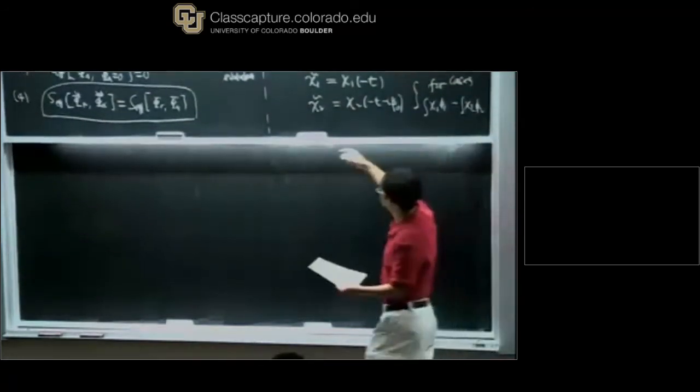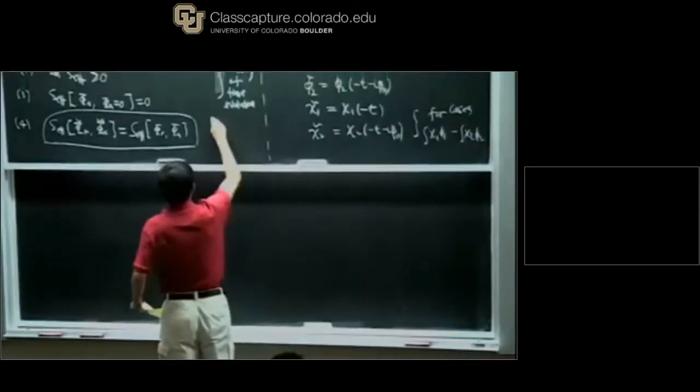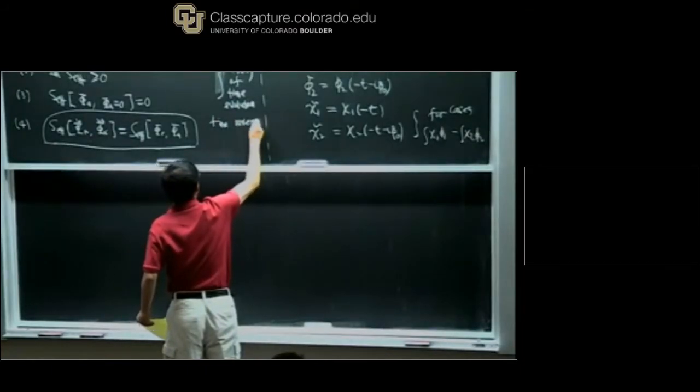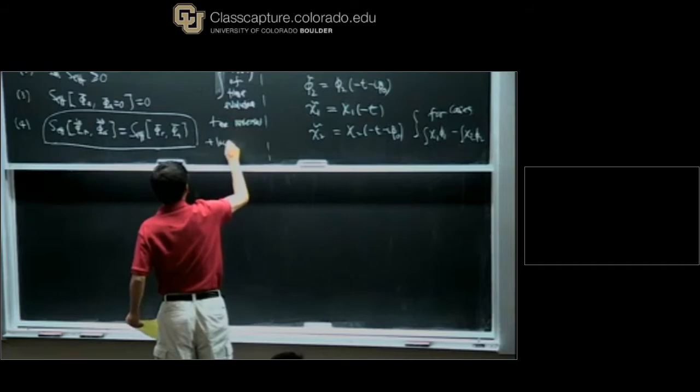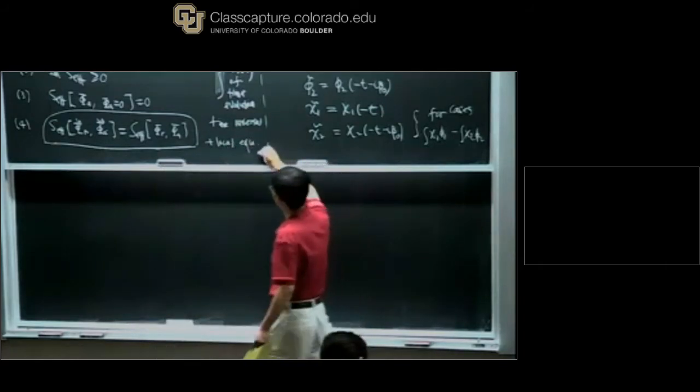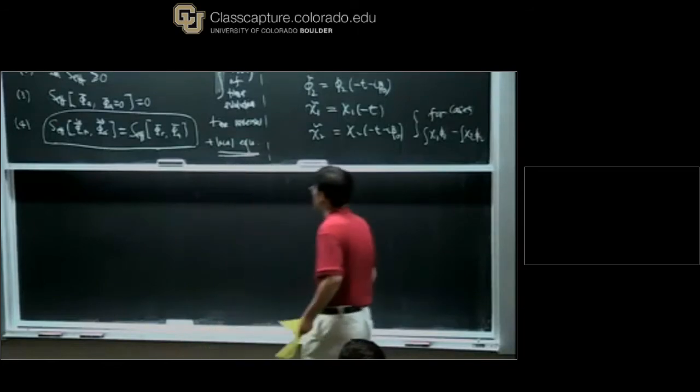Good. So this encodes time reversal plus the local equilibrium. We will see a little bit more explicitly what this local equilibrium condition means.